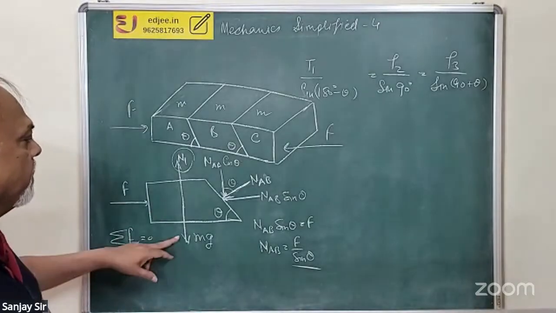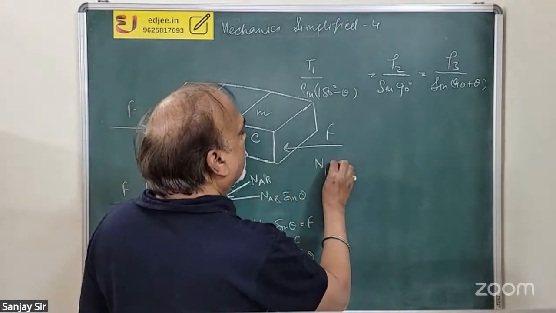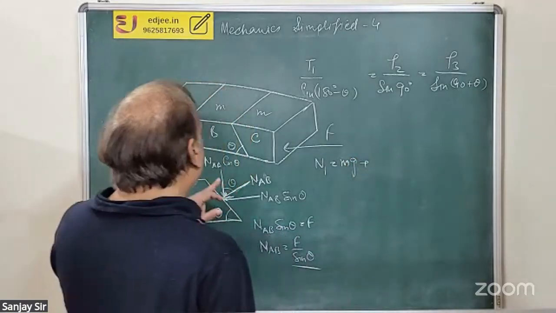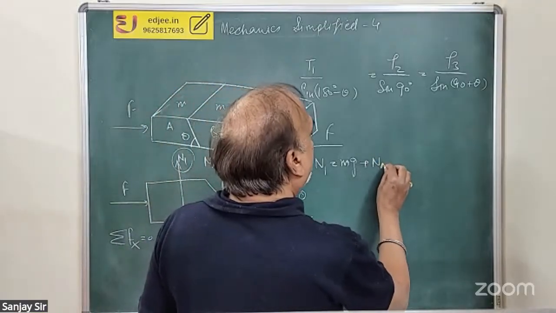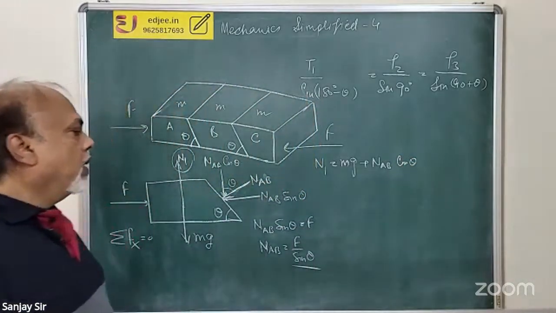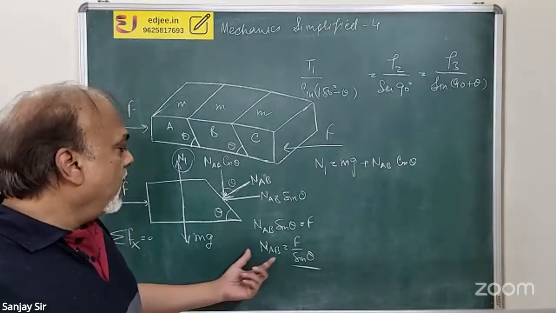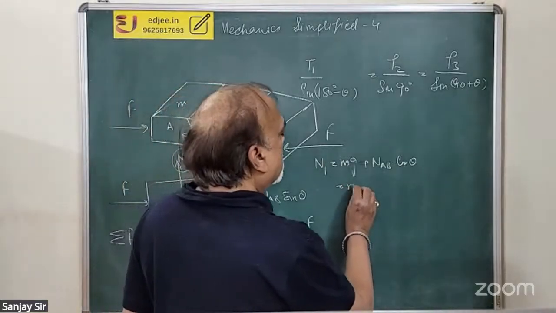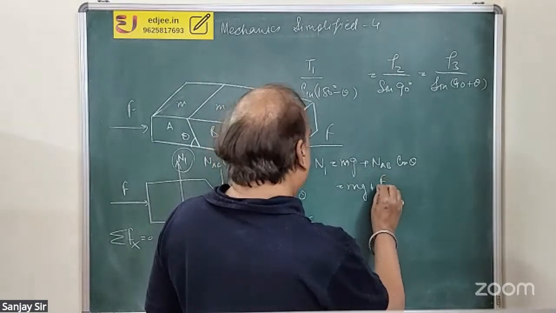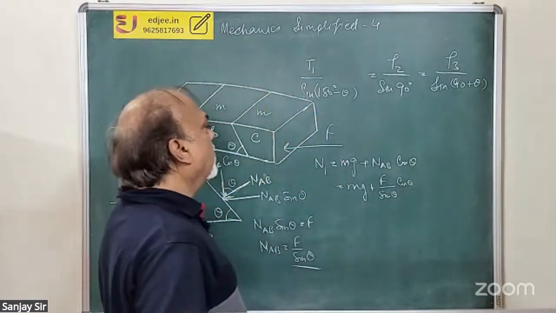If you see vertically, N1 is nothing but mg plus NAB cos theta, and NAB is F upon sine theta. So this is how you can find it.